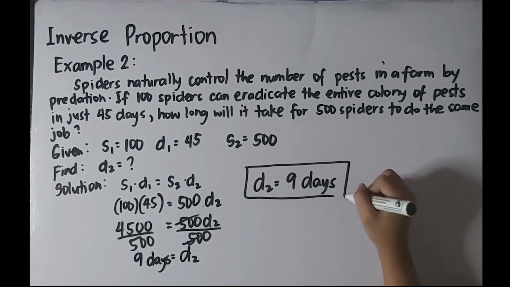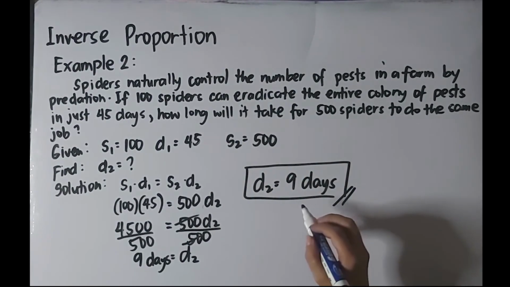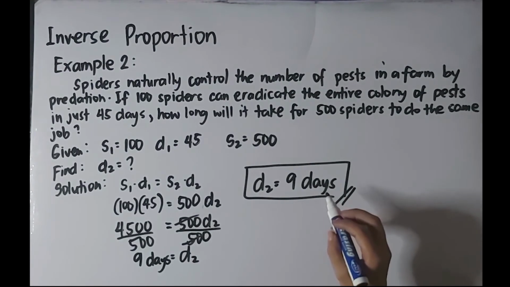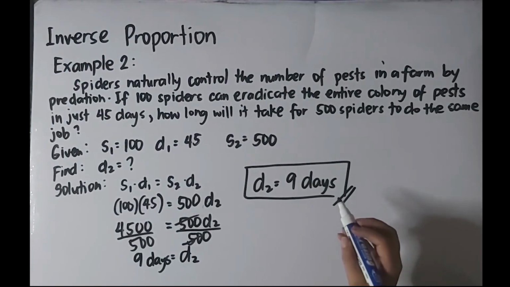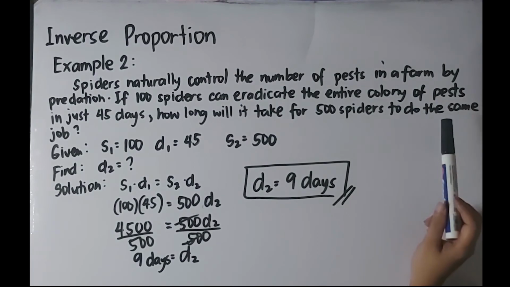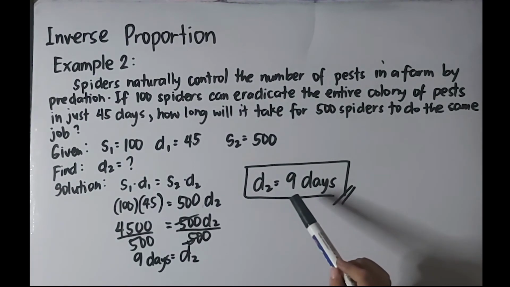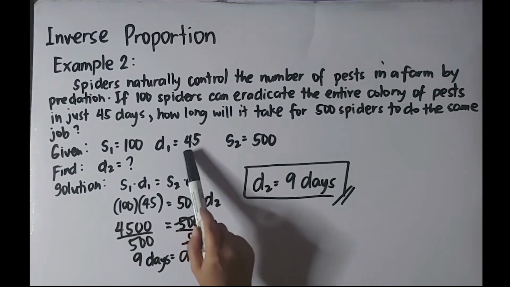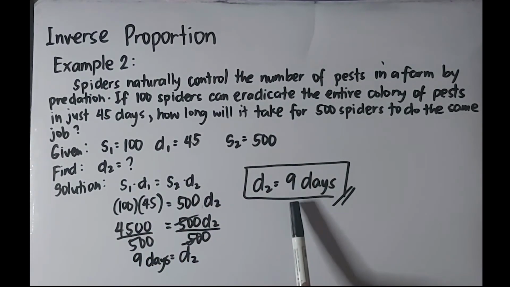So there are 9 days. The 500 spiders need 9 days to eliminate or eradicate the colony of pests. So let's observe our values. For the first ratio, we have 1 and 45. For the second, we have 500 and 9.